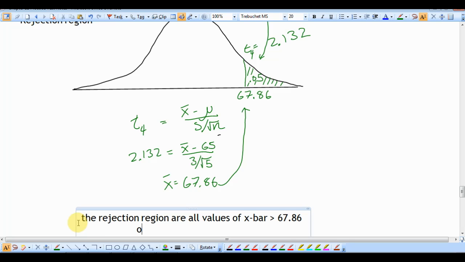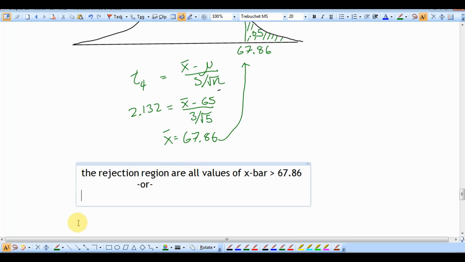Or the rejection region is all values of t with 4 degrees of freedom that are greater than 2.132.